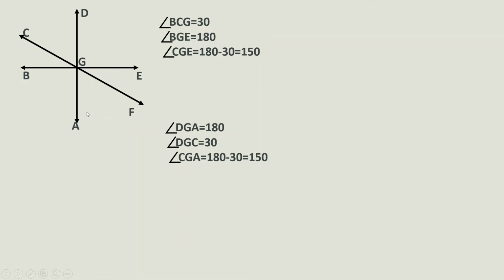In this part, DGA gives us 180 degrees, and DGC gives us 30 degrees. Now, to find out CGA, we subtract 180 degrees and 30 degrees, which gives us 150 degrees.